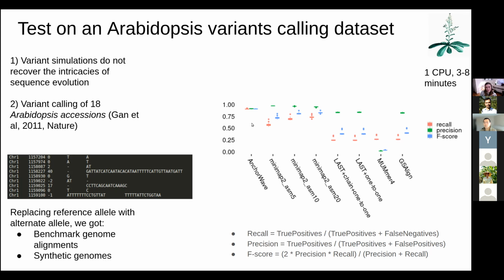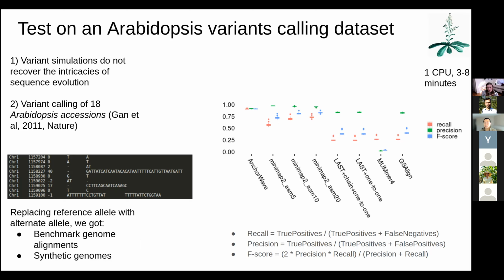We find that AnchorWave gives us the highest recall. We also calculate precision, which is how much of the generated alignment is identical to the benchmark alignment. We find that Minimap gives us the highest precision.